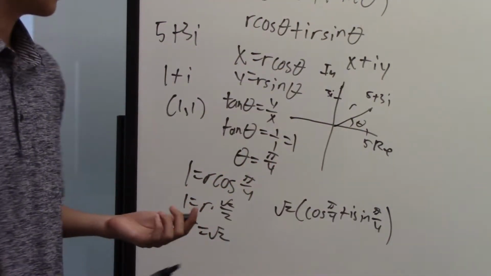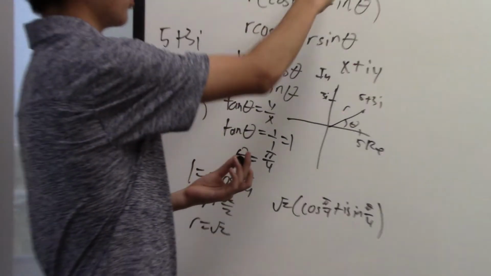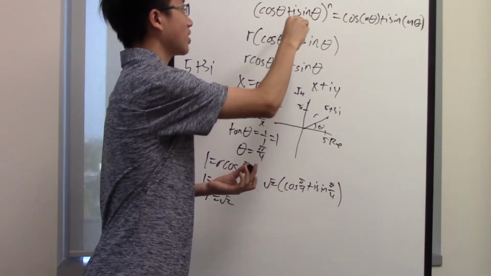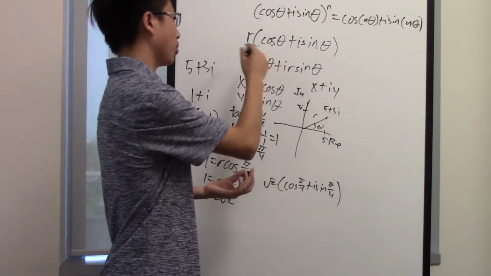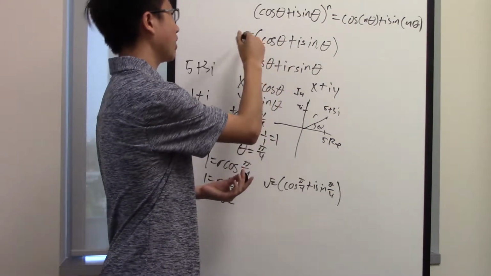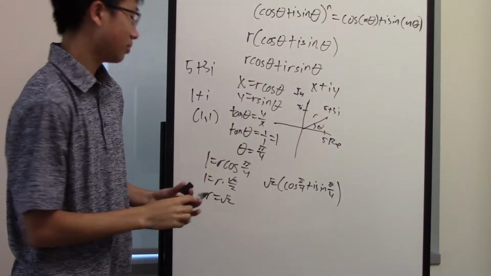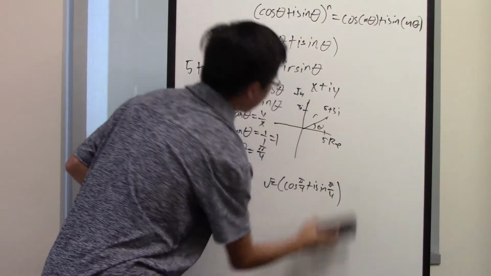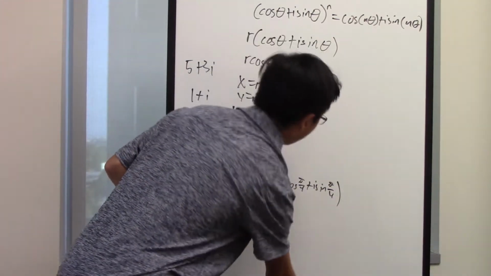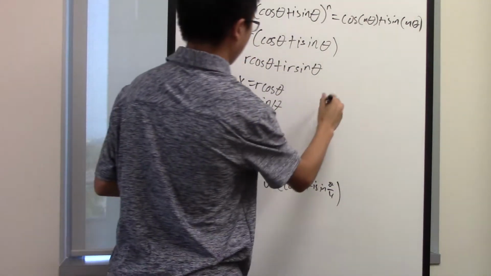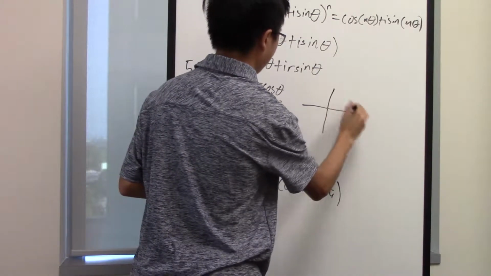So the left side of this formula, cosine of theta plus i sine of theta, that's basically just the polar form of a complex number with radius 1. So it's basically any complex number with a radius of 1. So what does that look like?